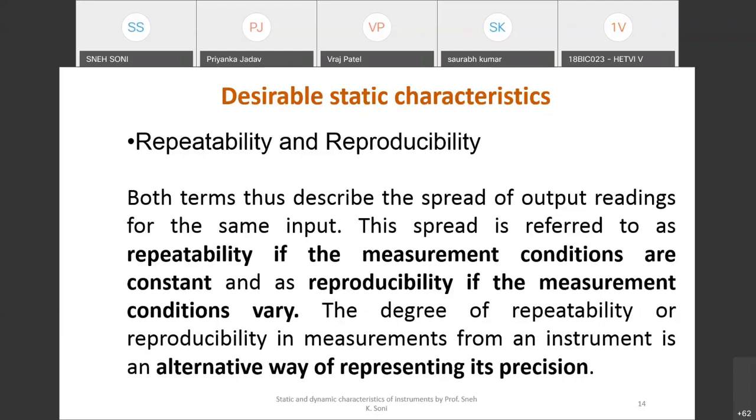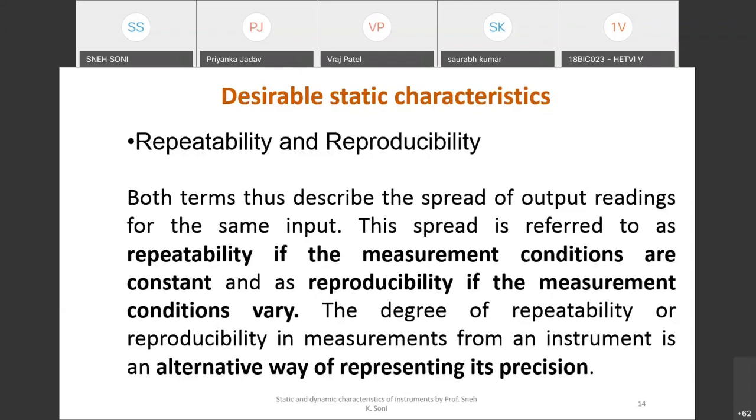The degree of repeatability or reproducibility in measurement from an instrument is an alternative way of representing its precision. So I was telling you about understanding precision more clearly after understanding these two terms because of this reason. If the instrument is repeatable, I can straight away say that the instrument has good precision.